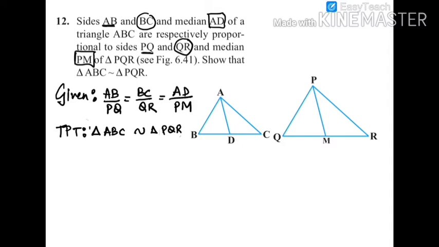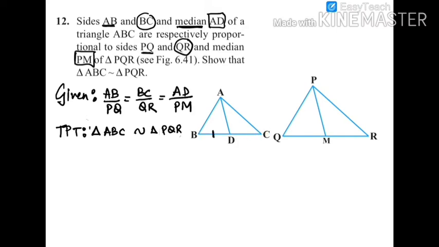Let's recall what is a median. A median is a line drawn from vertex of a triangle bisecting the opposite side. So AD is drawn from vertex A such that D is a point on the opposite side BC, cutting BC into two equal halves.